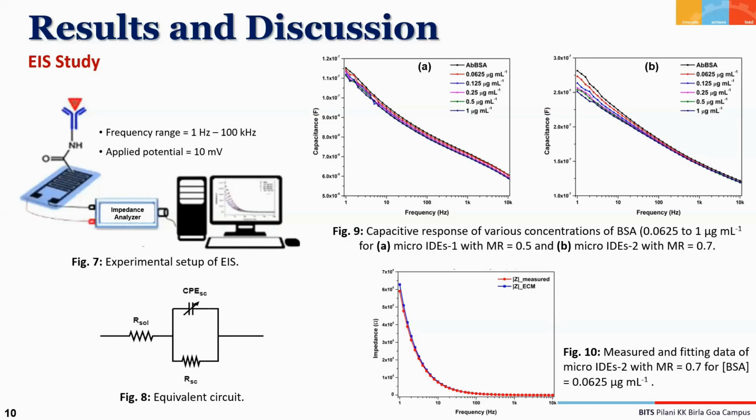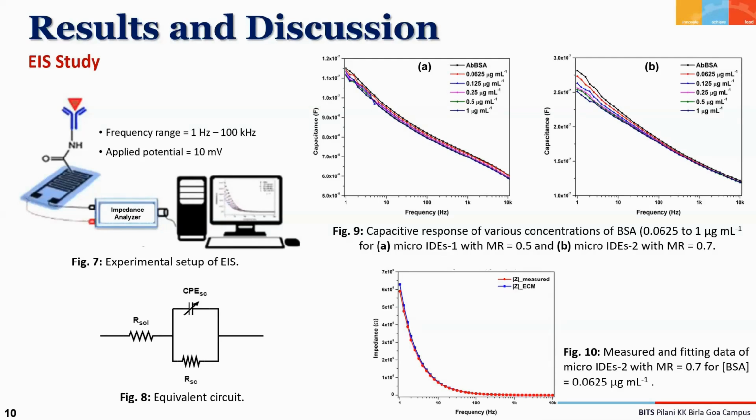In this case, we have chosen two different kinds of micro ID with different metallization ratio. One is 0.7 and another is 0.5. The metallization ratio is width upon width plus gap. When your width and gap are the same, suppose I have taken in this case 10 micrometer, 10 micrometer, your metallization ratio comes to 0.5.